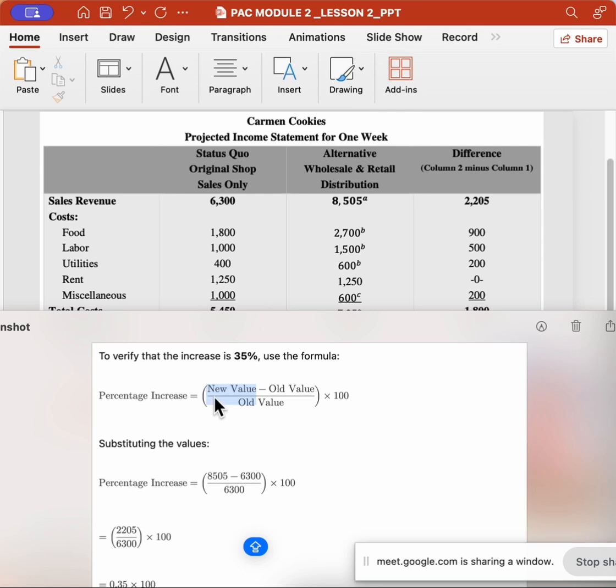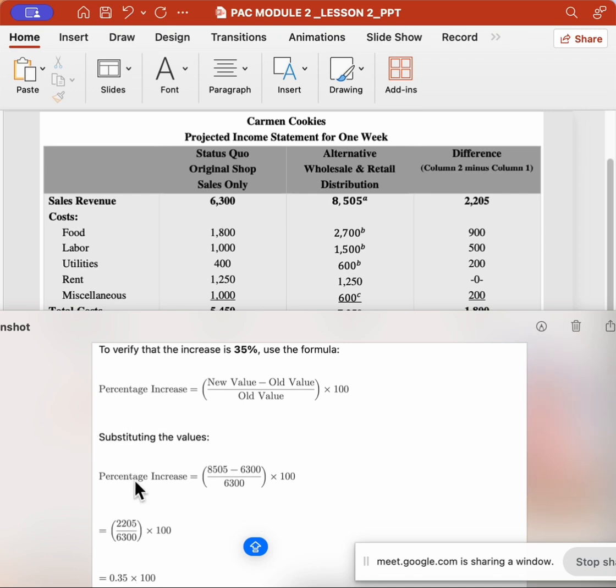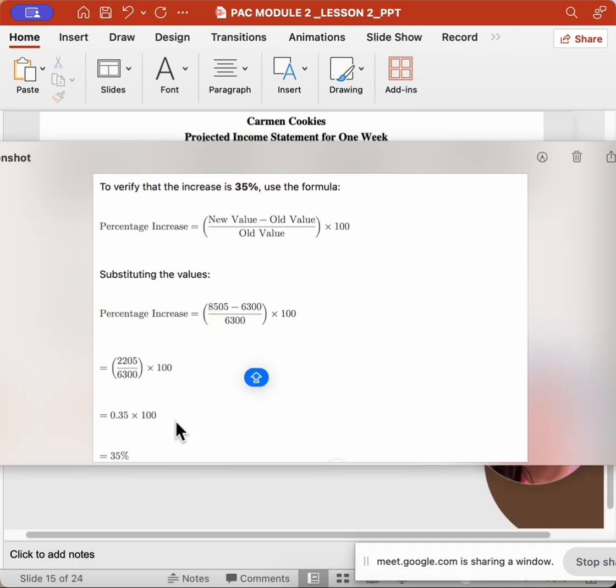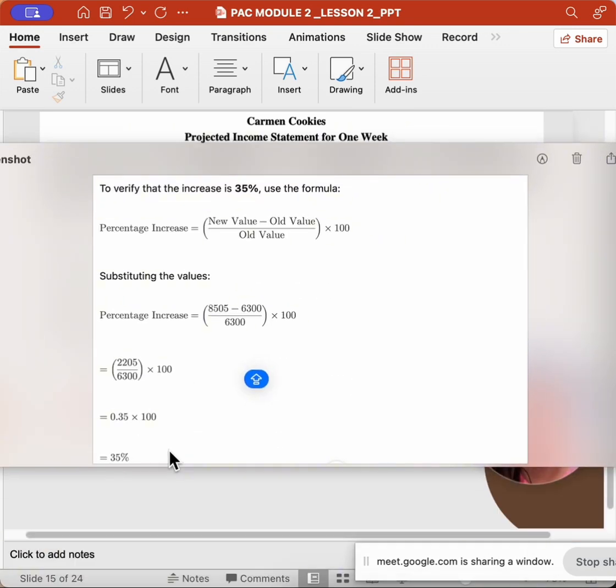So that would be 8,505 less 6,300 divided by 6,300 multiplied by 100 to get the percentage of 35. 0.35 times 100 is 35%.